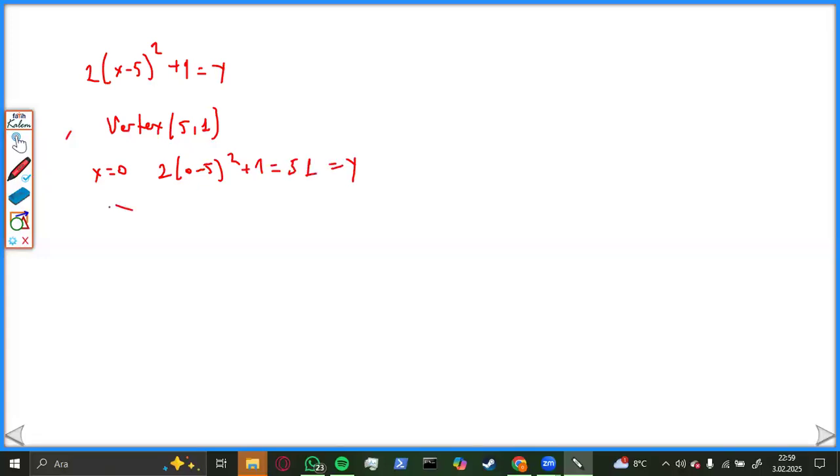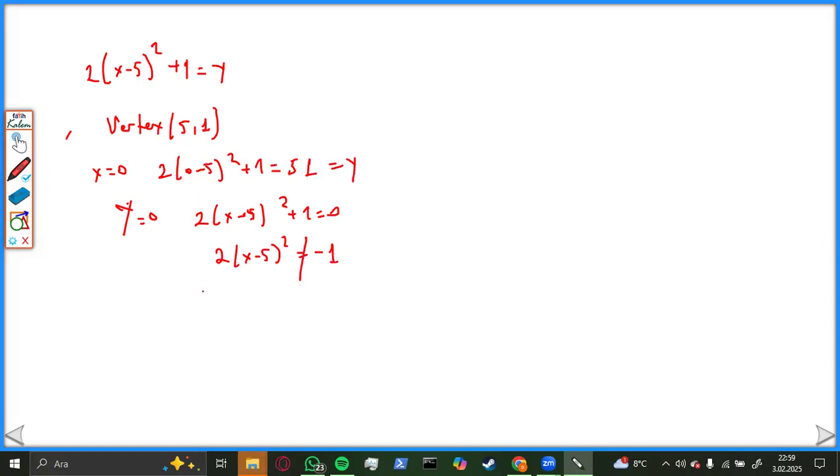Okay. What about the x-intercept? Y is 0, so 2 times (x minus 5) squared plus 1 is 0. Be careful for that step. 2 times (x minus 5) squared is minus 1. Is it possible? No, it is not possible.